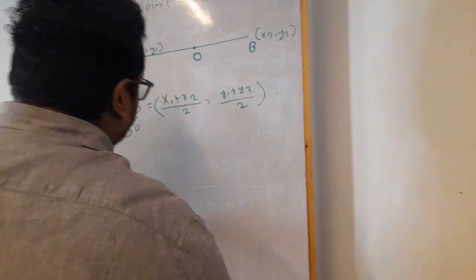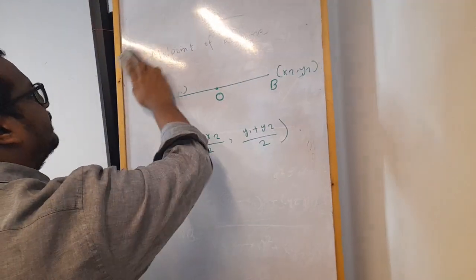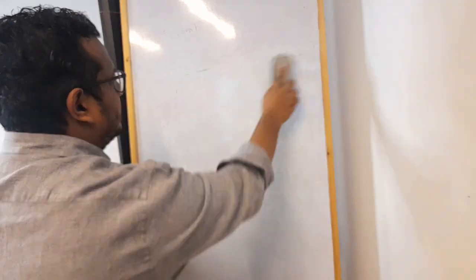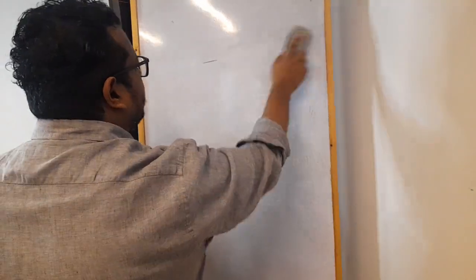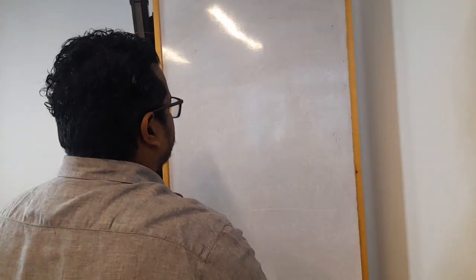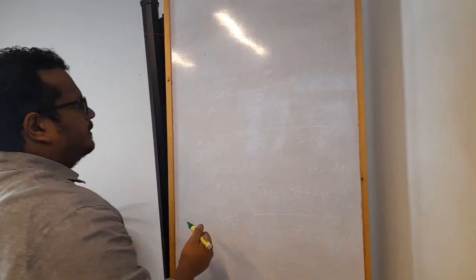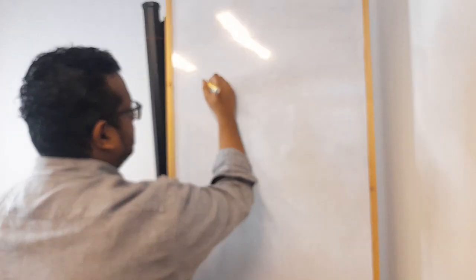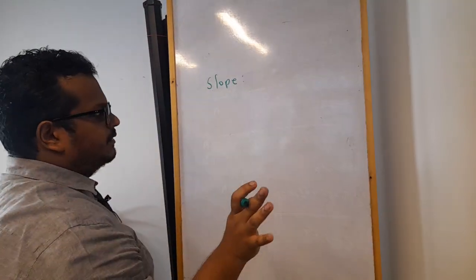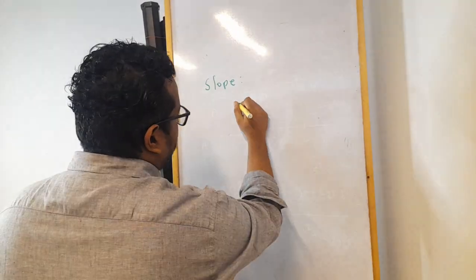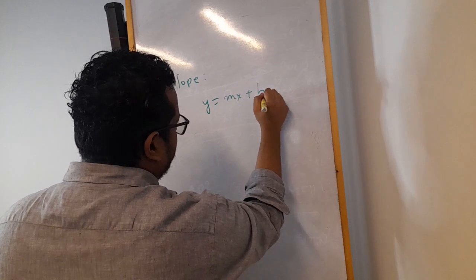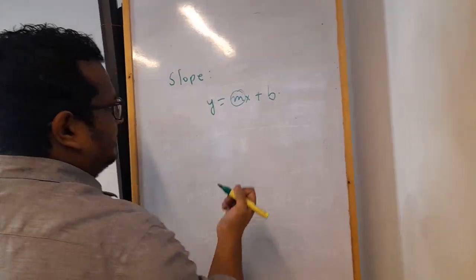Now, I've explained slope earlier, and I'm going to be making a separate video on slope, but for now, in any equation y equals mx plus b, this m is the slope.